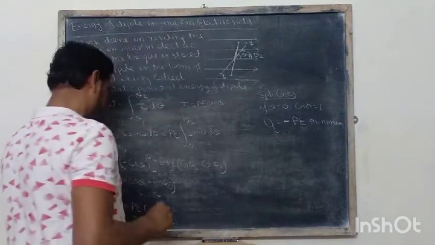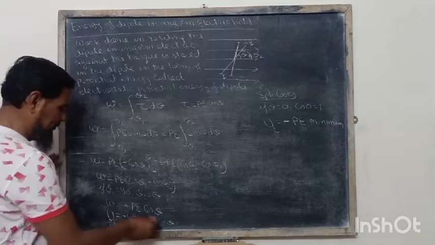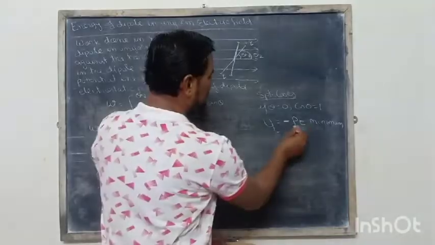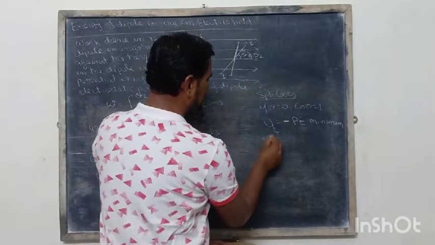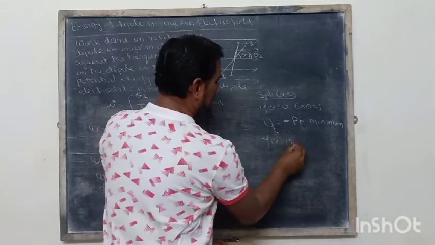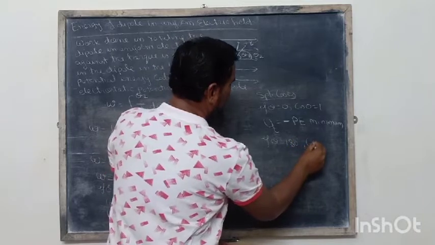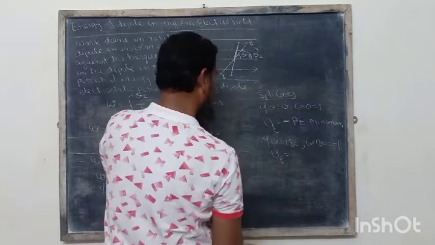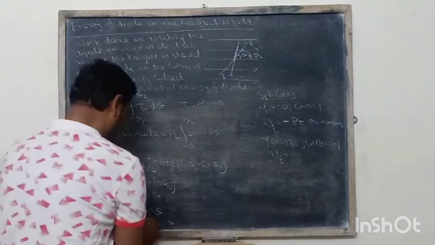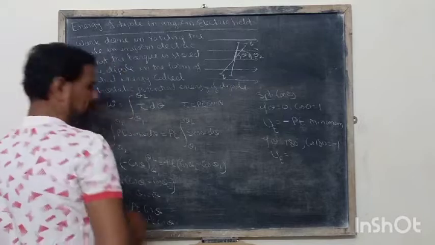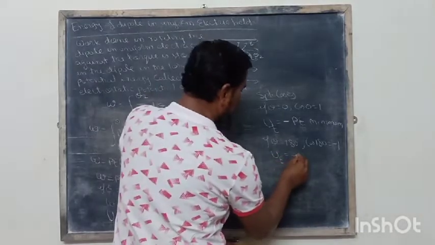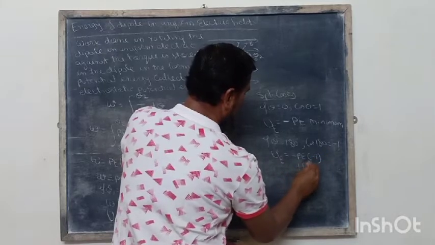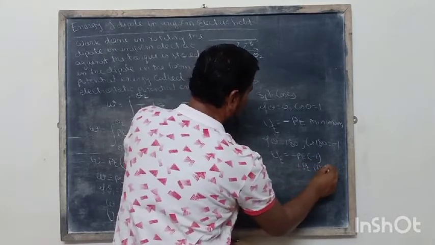If theta is equal to 180, then cos 180 is equal to minus 1, and U is equal to minus pE times minus 1, so plus pE. So the potential energy will be maximum.